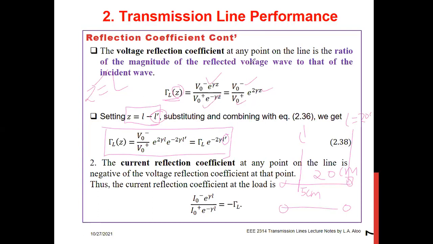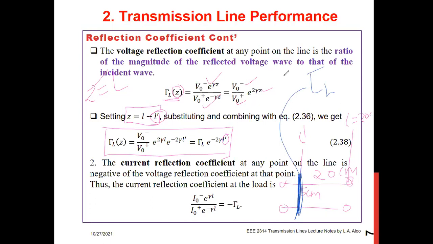The other reflection coefficient that is worth mentioning, members, is the current reflection coefficient. Good news is that once you have the voltage reflection coefficient, you can also get the current reflection coefficient, such that the current reflection coefficient at any given point on the transmission line will just be the negative of the voltage reflection coefficient, provided you use the same point. So let's say we had computed the voltage reflection coefficient at this point, and you get a certain value.